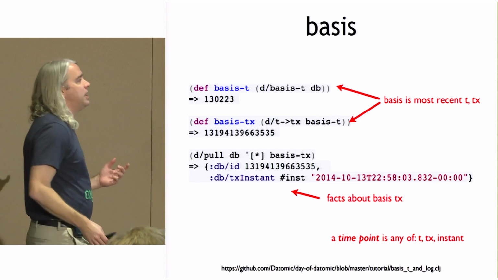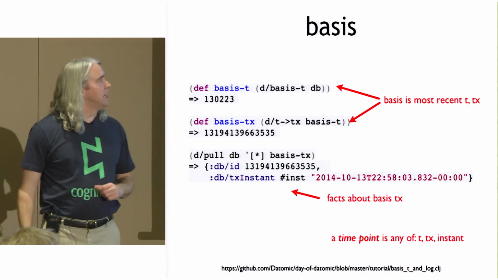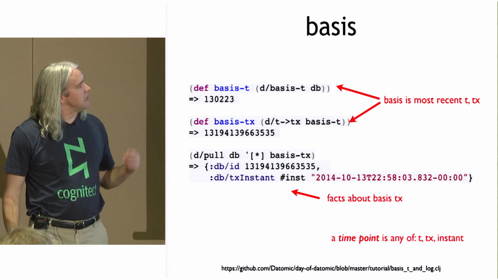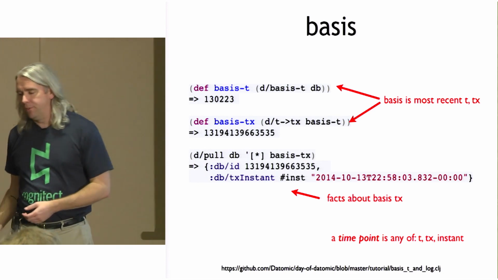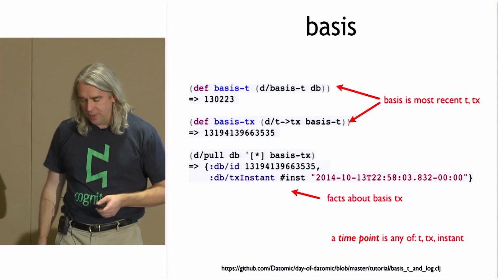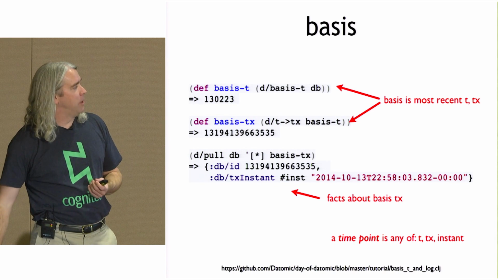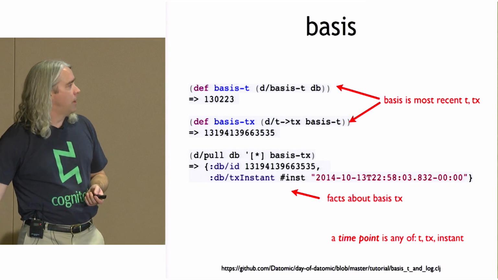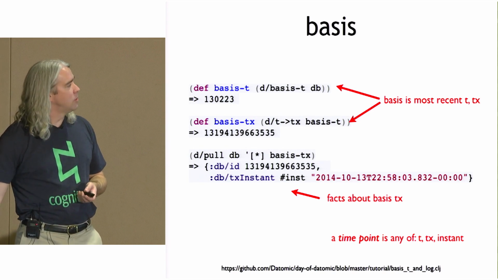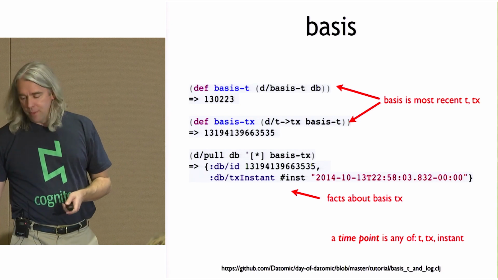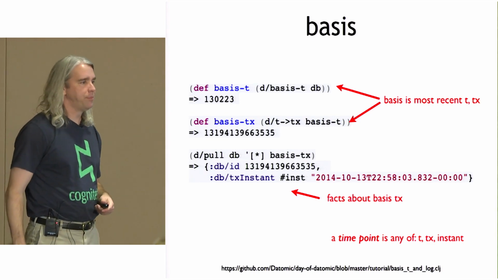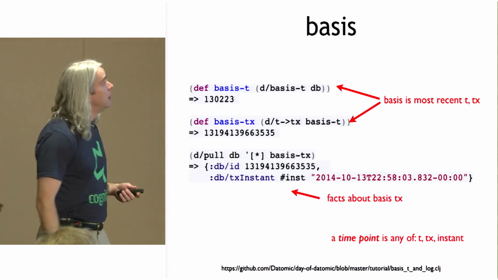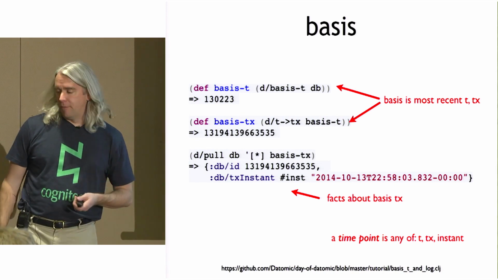And then, given a transaction entity, you can pull from the database the instant in time where that happened. So here, I asked about a particular transaction, and I found out that it happened on October 13th, 2014, at some particular time. So this is all information that you can reach in and pull out.